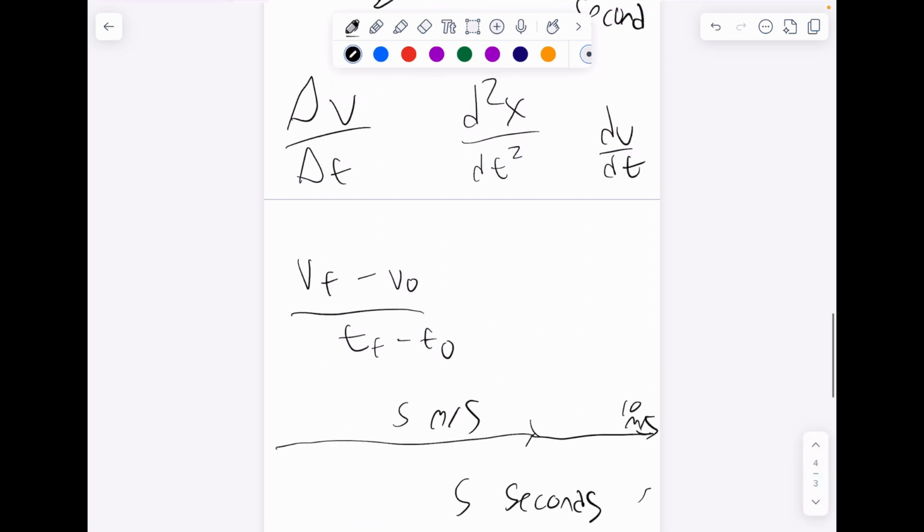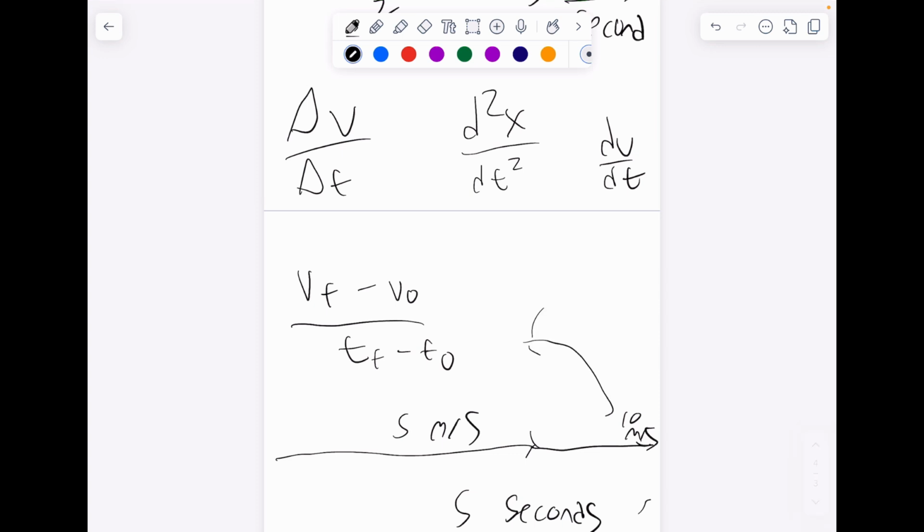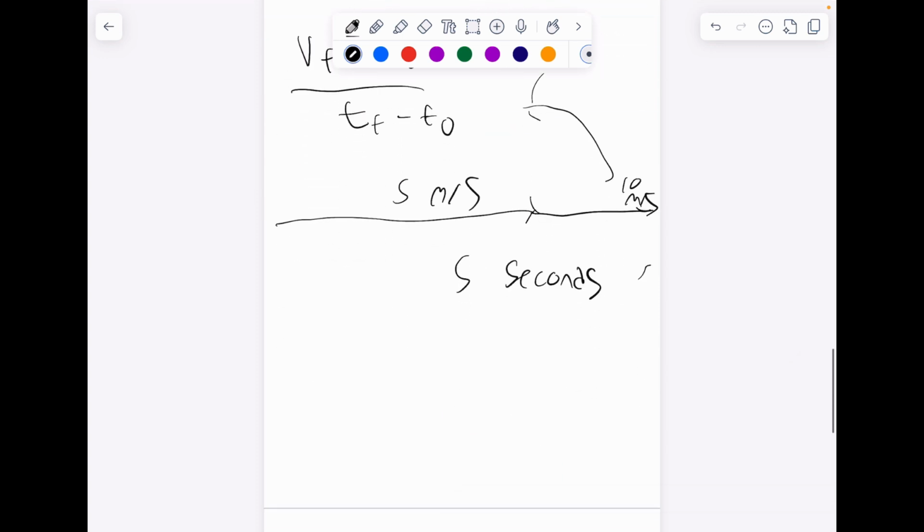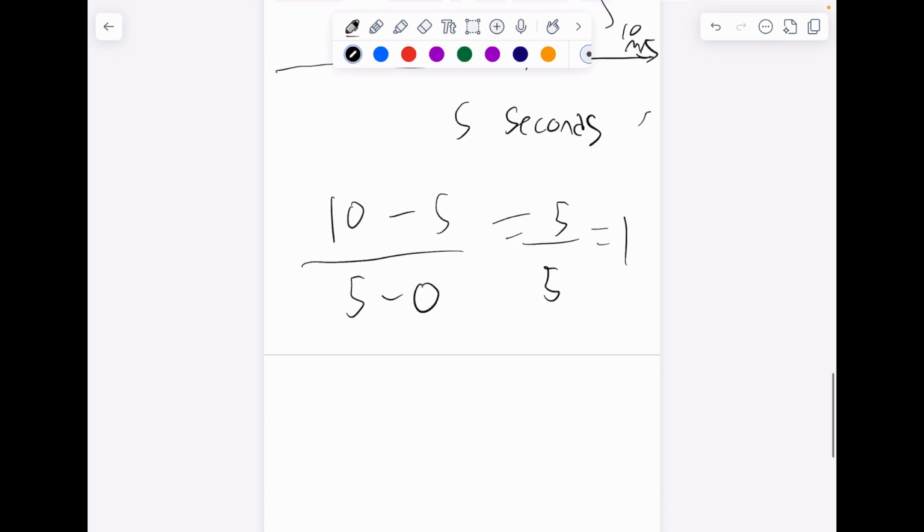So by using the formula that we were given here, all we have to do is plug in these numbers as VF, which is 10, V0, which is 5, and then TF is 5, and then T0 is 0. Now we solve this, and we get 5 over 5, and then we get 1, which essentially means that I am moving at 1 meter per second squared.